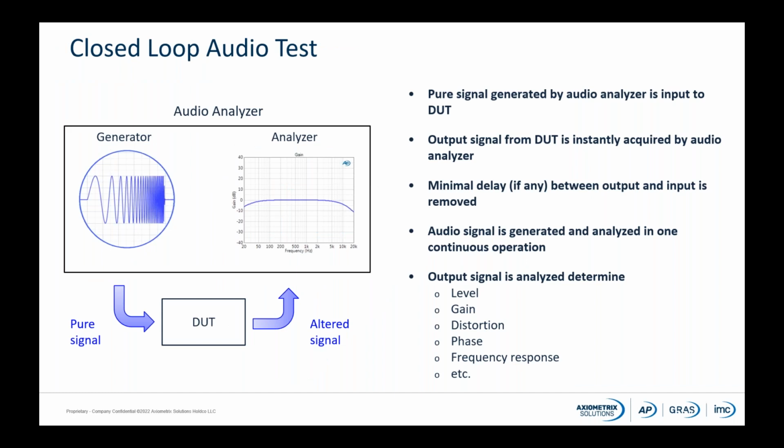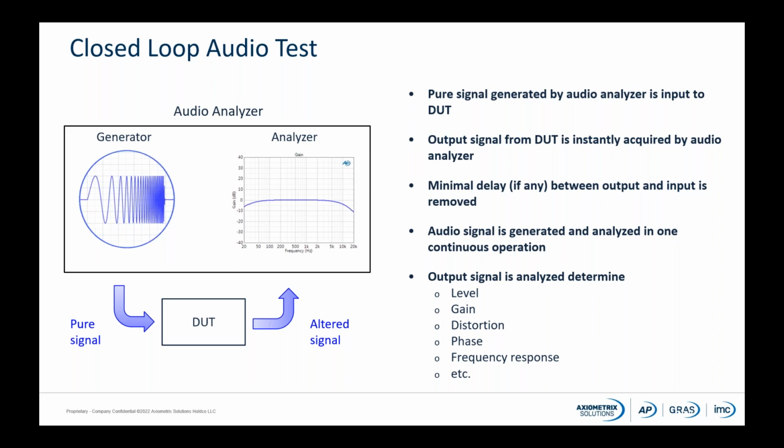Now we'll jump into this by taking a look at closed loop audio test. As the name implies, the loop or signal path is closed. That is to say, the audio stimulus generator, the device under test or DUT, and the audio signal analyzer are all working together at the same time in harmony.